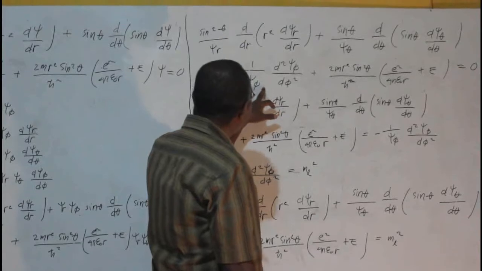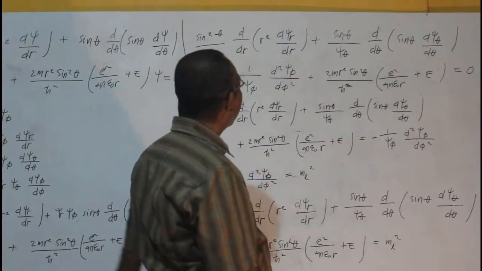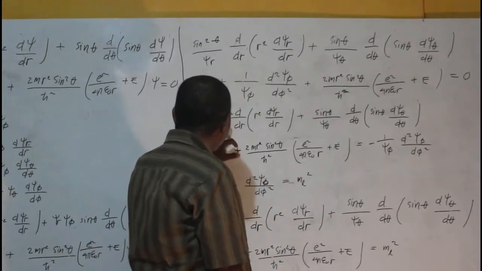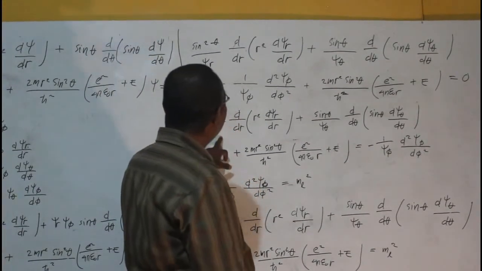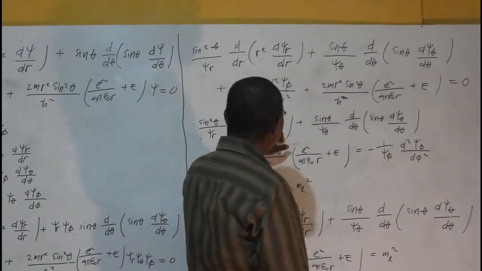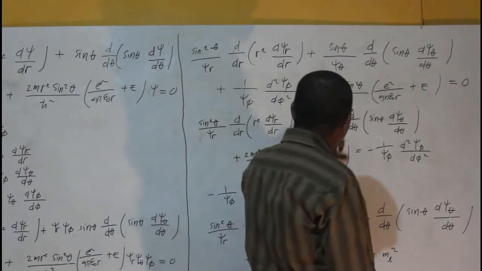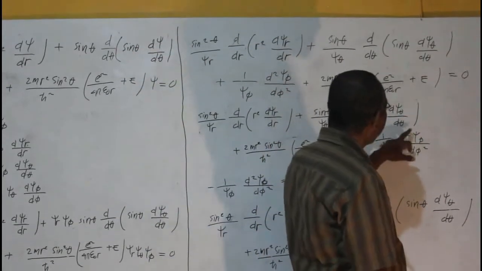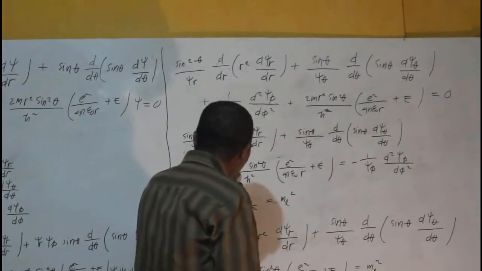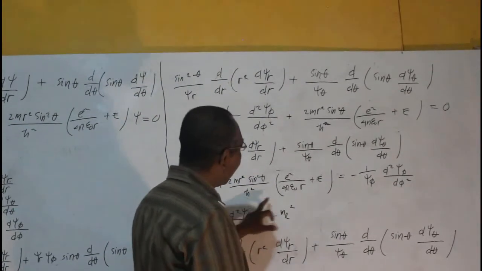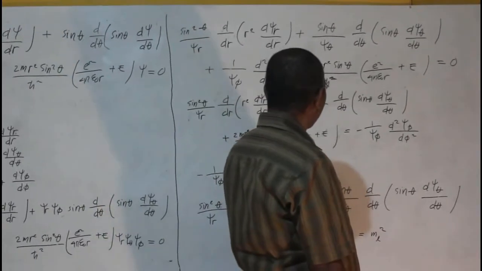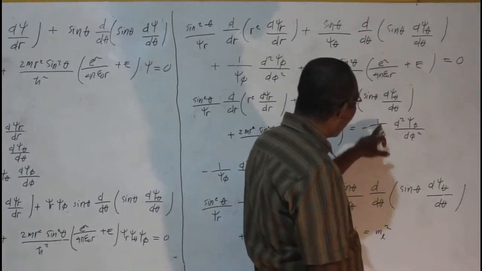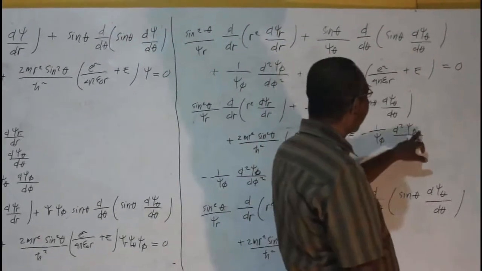So we can separate the azimuth part from the other parts, and we write sin²θ over ψr times d/dr of r² dψr/dr, plus sinθ over ψθ times d/dθ of sinθ dψθ/dθ, plus 2mr² sin²θ over ħ² times (e²/4πε₀r + E) equals minus 1 over ψφ times d²ψφ/dφ².